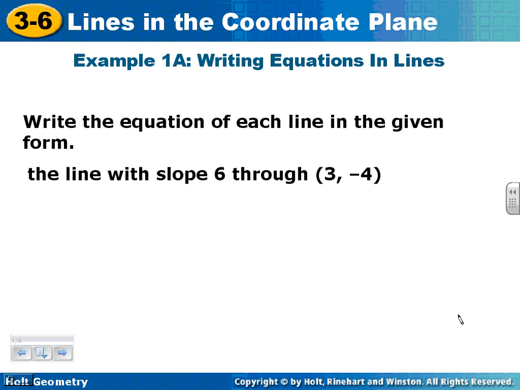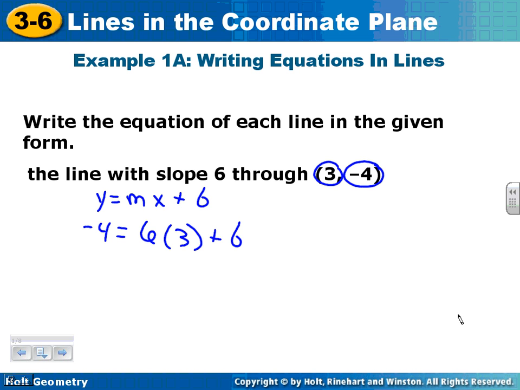So here's an example. Write the equation of each line in the given form. Well, let's do this in slope-intercept form, which is y equals mx plus b. I'm going to take my 6, and that goes in place of the m. My y would be this -4. My x is that 3 that goes there, plus b. So I have -4 equals 6 times 3. Well, that's 18 plus b.